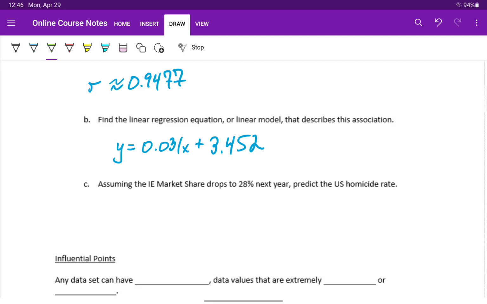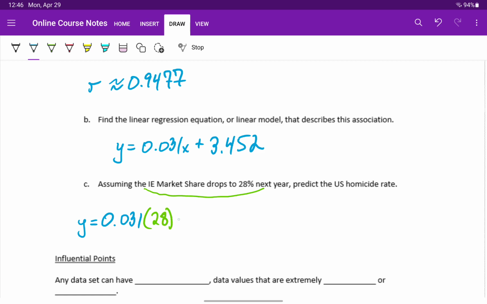So keeping in mind that the way we set this up, Internet Explorer's market share is our X value. We'll simply plug that value into our model. Actually, those values are entered in as whole numbers, so we'll keep that as a whole number.